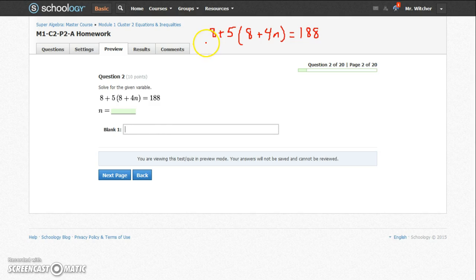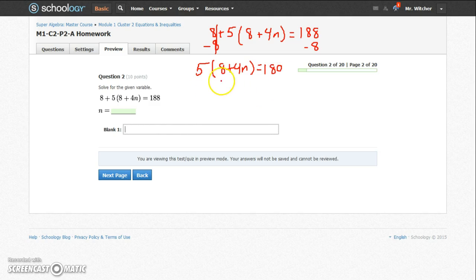I'm going to go ahead and start off by subtracting 8. And I'll subtract 8 again. 8 minus 8 is 0, so this is an identity. And I have my new equation, 5 times 8 plus 4n equals 188 minus 8, which is 180.